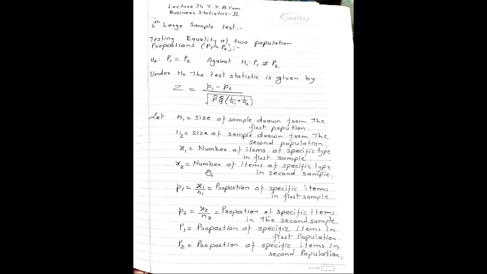X2 is equal to the number of items of specific type in the second sample. p1 is equal to X1 upon N1, which is the proportion of specific items in the first sample. p2 is equal to X2 upon N2, the proportion of specific items in the second sample. Capital P1 is the proportion of specific items in the first population. Capital P2 is the proportion of specific items in the second population.